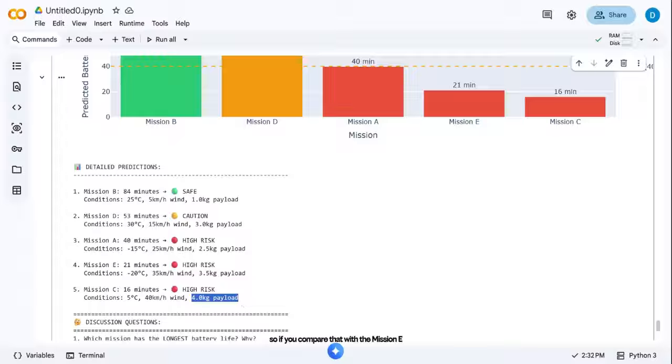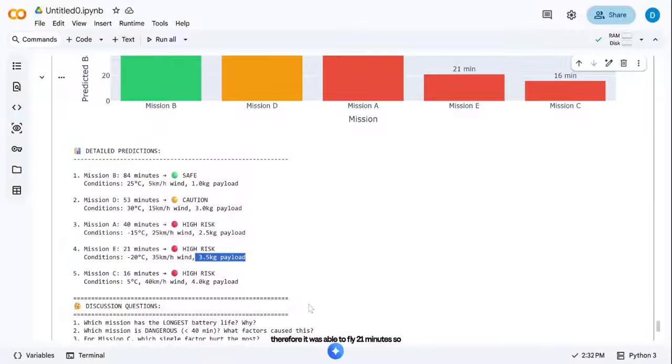Compare that with mission E: although it's minus 20 degrees, which is very cold, the payload is 3.5 kilograms, a lighter payload compared to mission C. Remember how much each factor explains? We learned that payload has much more to do with flight time than just the temperature of the atmosphere. So although it's minus 20 degrees, it's very cold, it's still a much lighter payload. Therefore, it was able to fly 21 minutes.